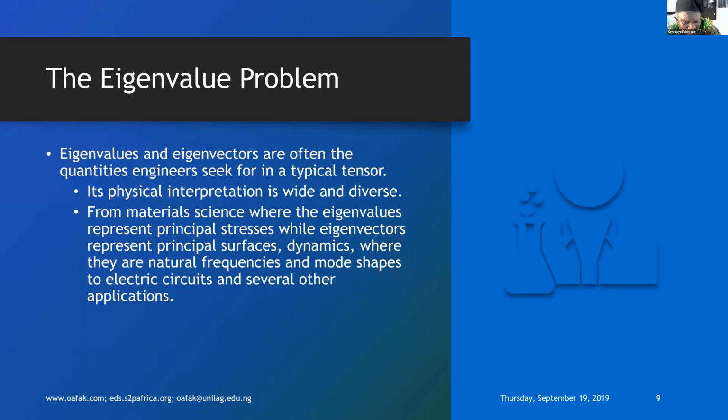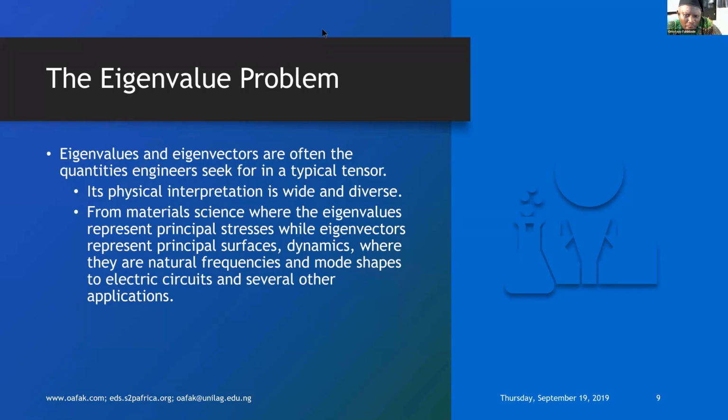If you are in dynamics, looking at vibrations, then the eigenvalues are the squares of the natural frequencies, and the eigenvectors are the mode shapes. If you're an electrical engineer, the eigenvectors and eigenvalues have to do with the oscillations of the circuit. So every engineering discipline deals with the eigenvalue problem, and they have fundamental meanings. They are not things that arose from mathematics. They are things that arose from engineering practice.